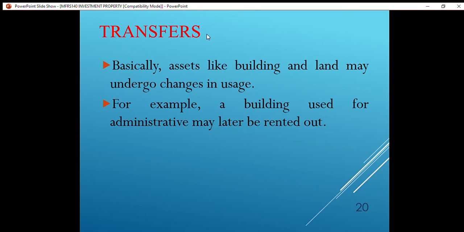Alright, basically assets like building and land may undergo changes in usage. For example, a building used for administrative may later be rented out. Or a building held for rental may later be used as an administrative office.